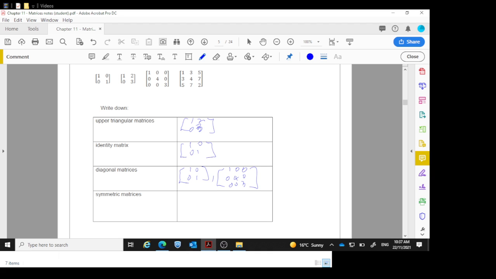That's a diagonal matrix. A symmetrical matrix is the last one, 1, 3, 5, 3, 4, 7, 5, 7, 2. Which I also believe the other one is also symmetrical, because there's zeros everywhere.